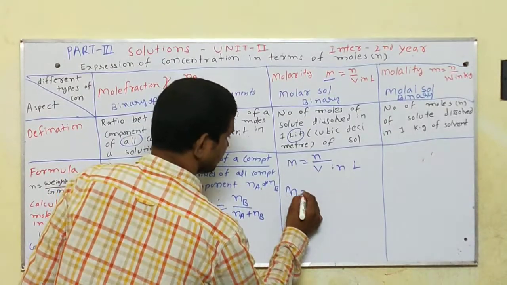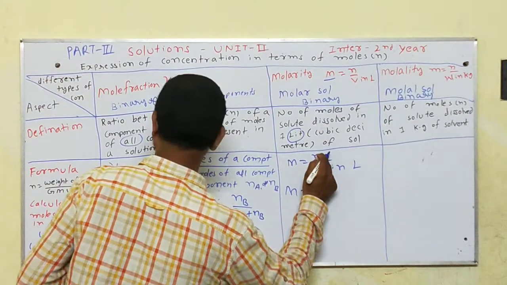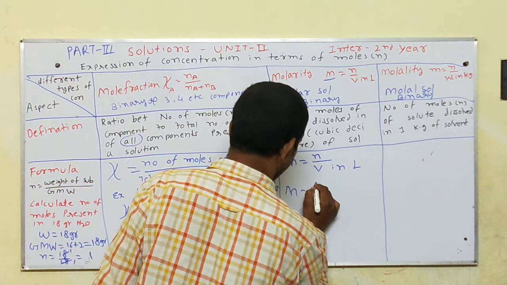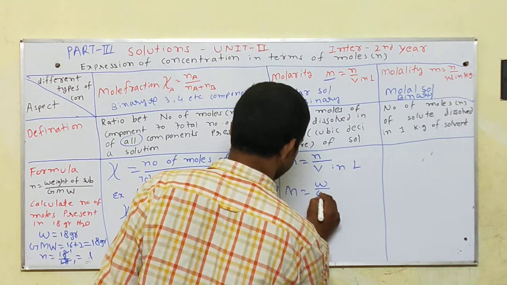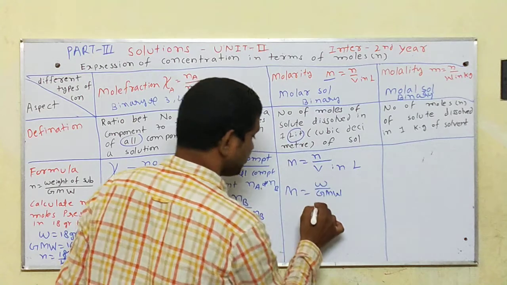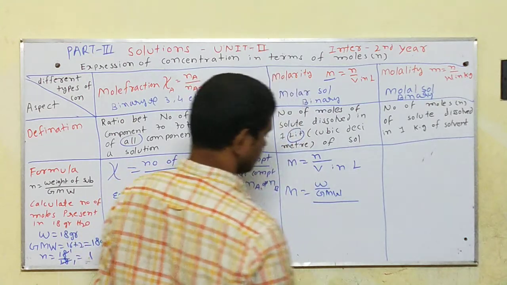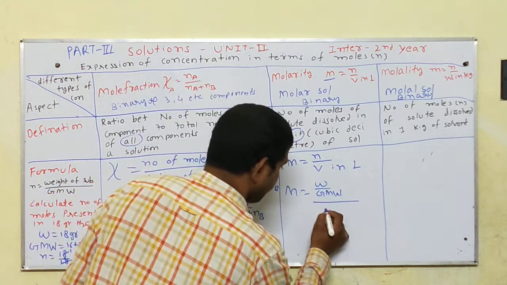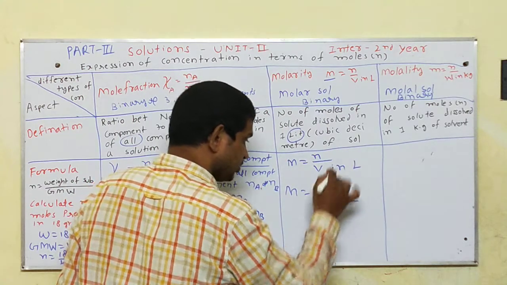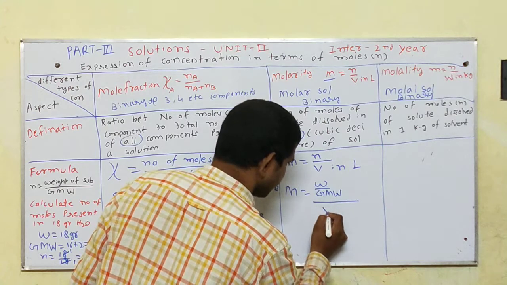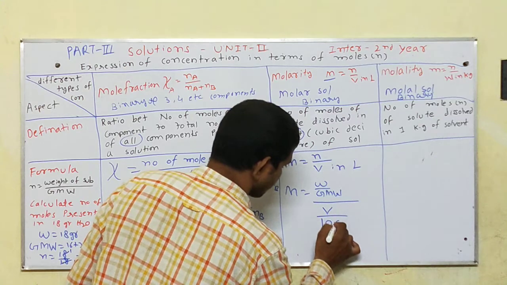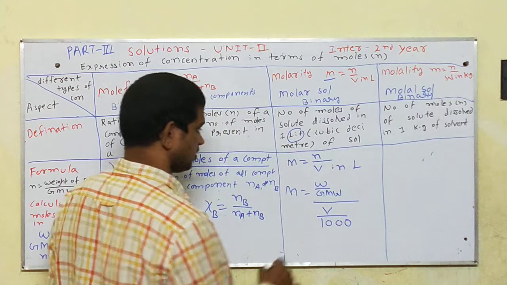As per the definition of mole, for M I am substituting the n value from here. n equals W by GMW, and if the volume is given in ml, in order to convert milliliters into liters, V is divided by 1000.